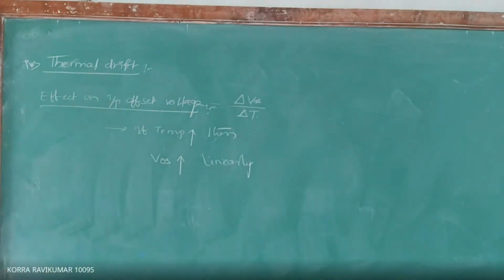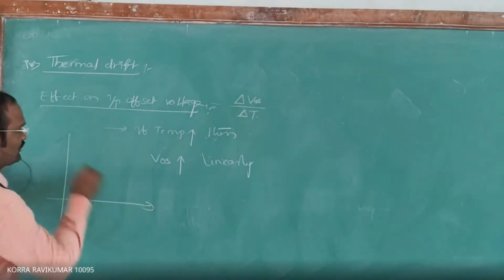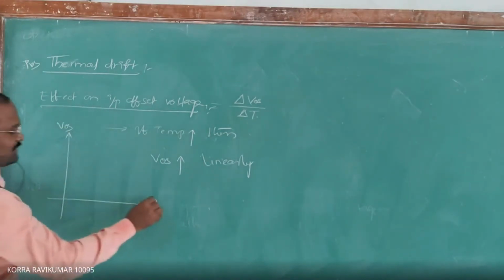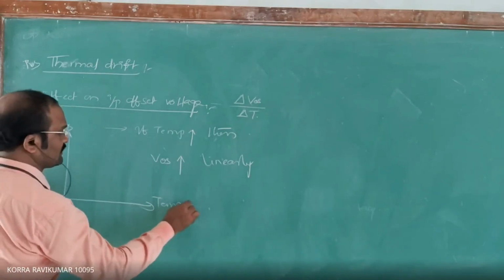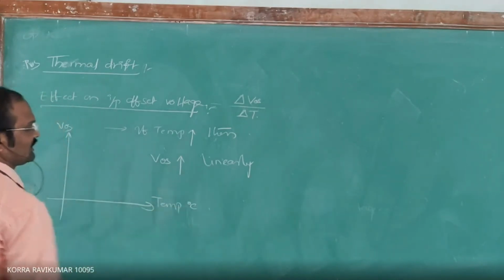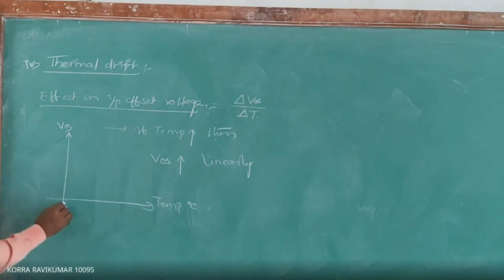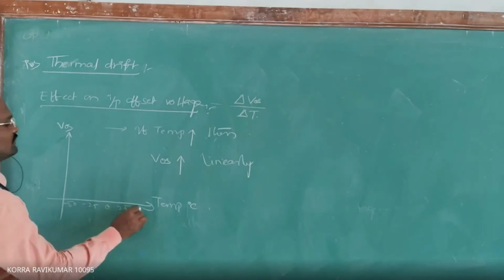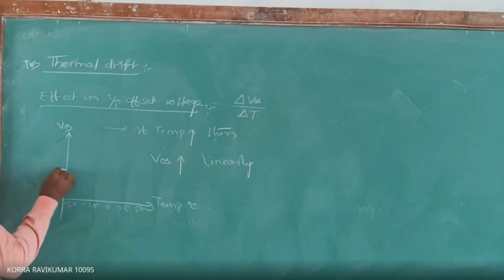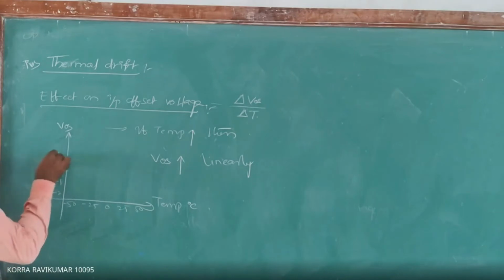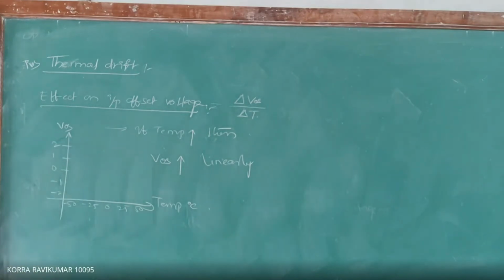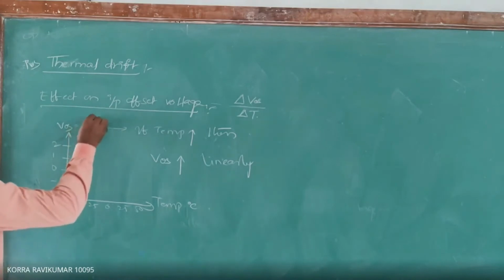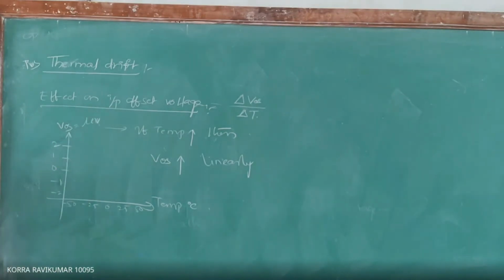If you draw offset voltage versus temperature in degrees centigrade, with temperature from minus 50, minus 25, 0, 25, 50, and voltage from minus 2, minus 1, 0, 1, 2, that is not volts, it is in terms of microvolts.